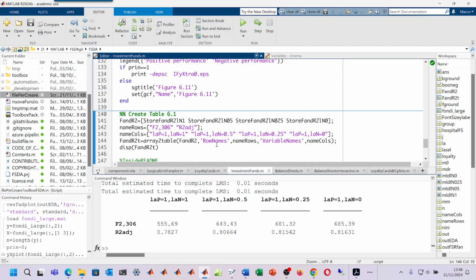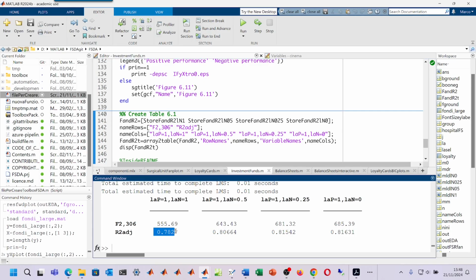Now we end up with a table, table 6.1, which compares the value of adjusted R-square for original data, data transformed according to 1 and 0.5, and then our preferred transformation, which is 1 for positive and 0 for negative.